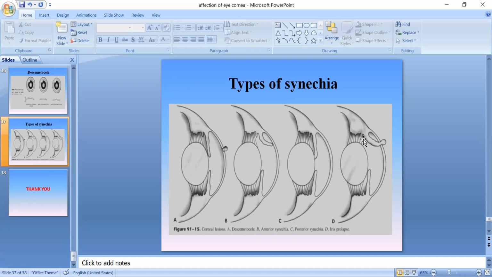Here you can see iris prolapse. So always remember this picture of the iris: if the iris is attached with the cornea, that is anterior synechia; if with the lens, that is posterior synechia. And protrusion is iris prolapse, and this one is a corneal lesion. So these are the affections of the cornea.